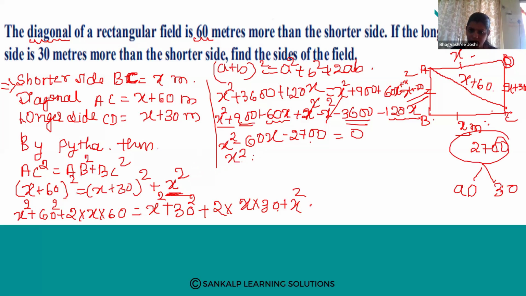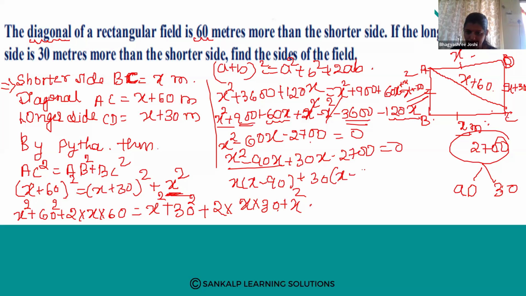x square minus 90x plus 30x minus 2700 is equal to 0. So here x is common, so take x outside: x minus 90 you will get. Plus here 30 is common, so x minus 90 you will get. 2700 can be written as 90 into 30.